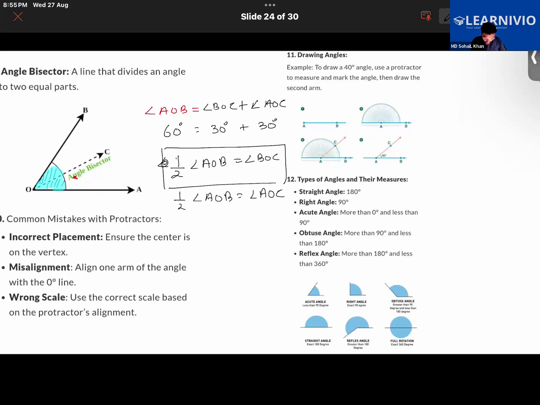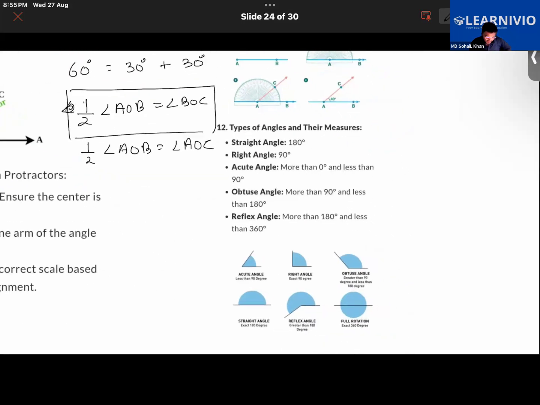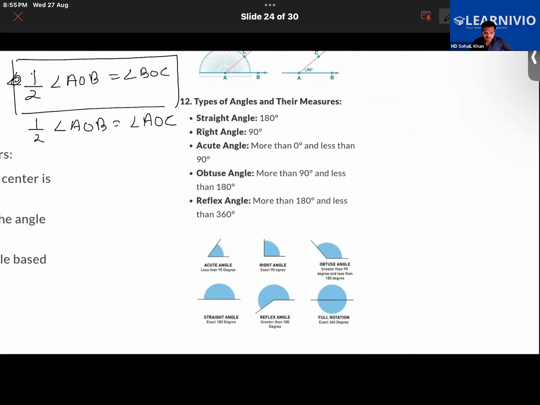Also, the same thing we learned moments ago. Just take a look at how a reflex angle looks. That's a reflex angle. The two arms are basically going away from each other. The arms are moving away from one another, right? They are rotating.